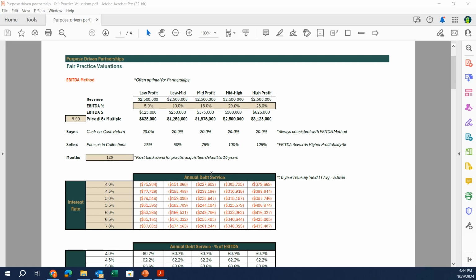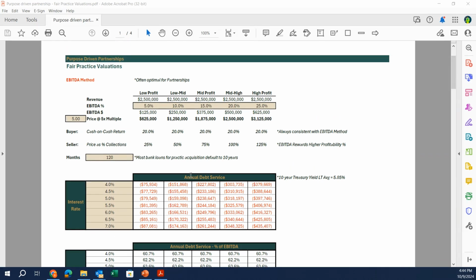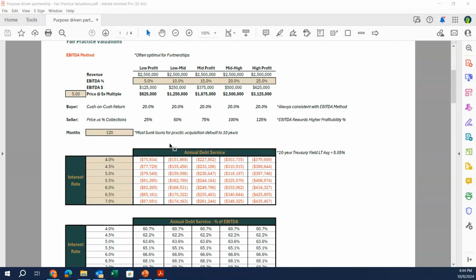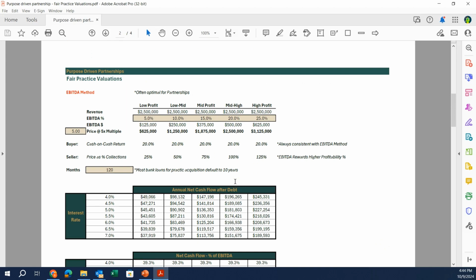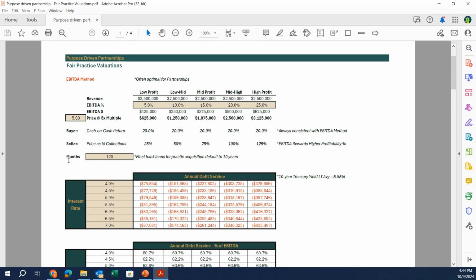Now, with that overview, we want to dive into some specific numbers so that you can really understand how this method results in outcomes that are equitable to both sides. So what we're going to do is analyze the cash flow, so how that EBITDA would be shared between debt service and annual net cash flow after debt, given these scenarios.